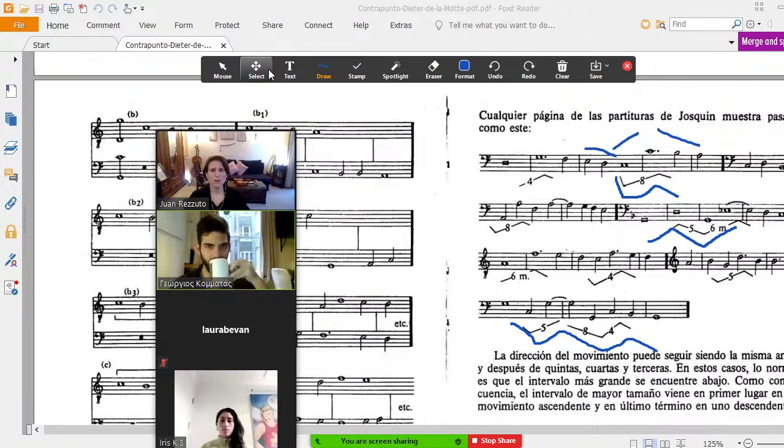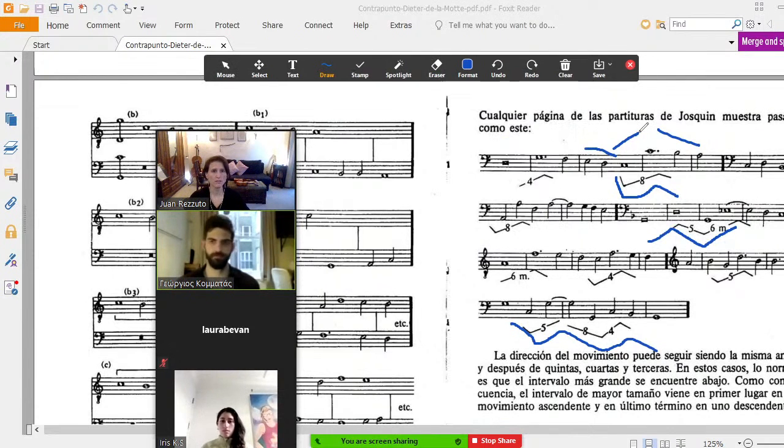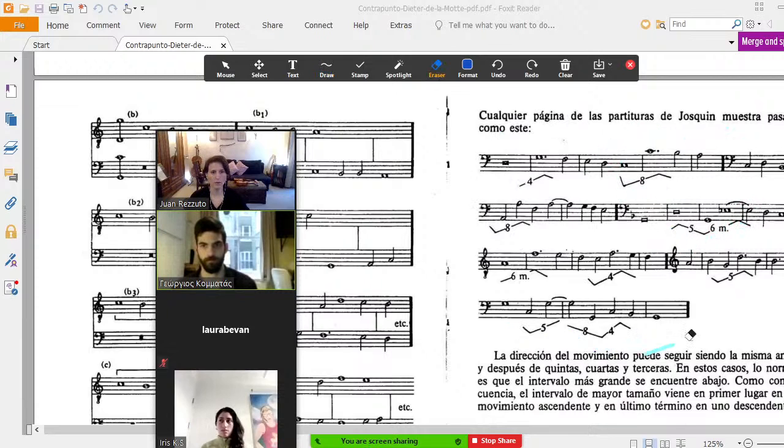The reason why, most probably, is that all this music was meant to be sung by a choir.